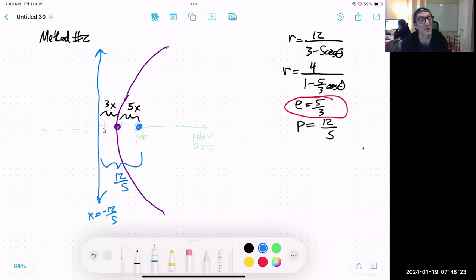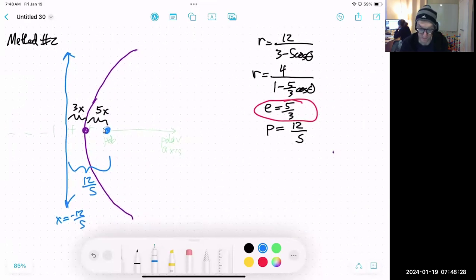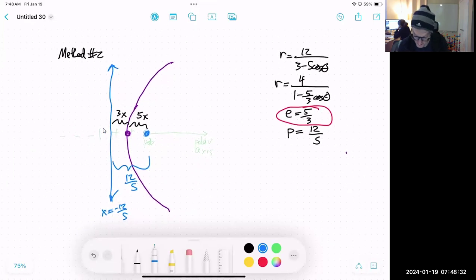And therefore, I can tell you precisely where that vertex is. Okay. Well, let's do that then.